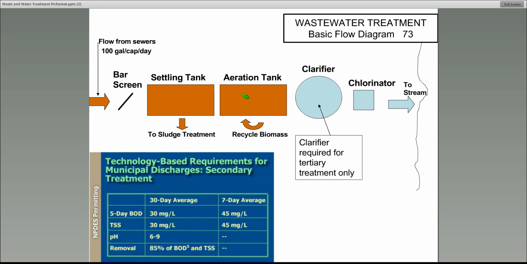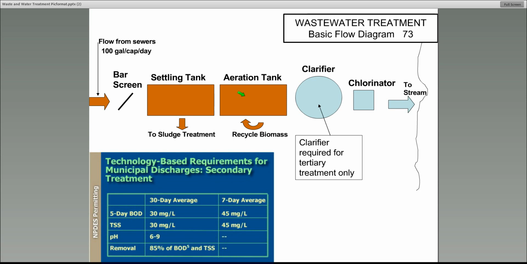Now the aeration tank is the activated sludge tank. Too many people start trying to work sludge problems when they see activated sludge. We'll get to the sludge problem, but the activated sludge tank is the aeration tank.